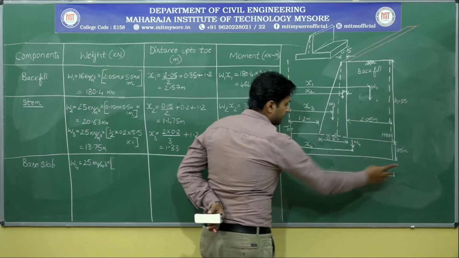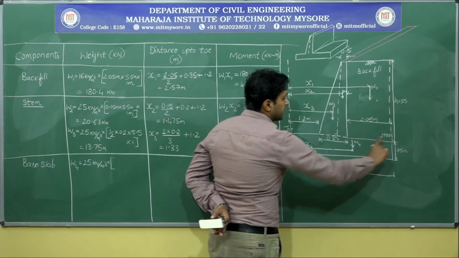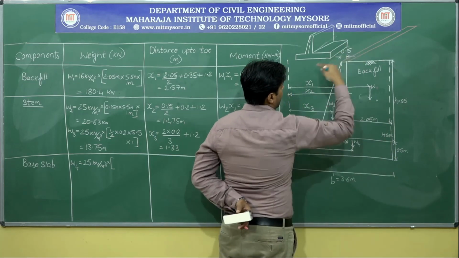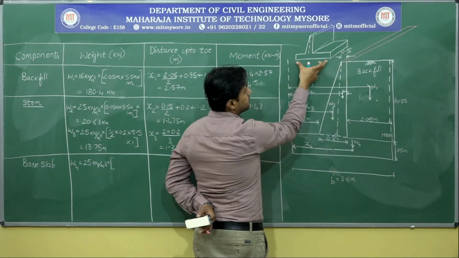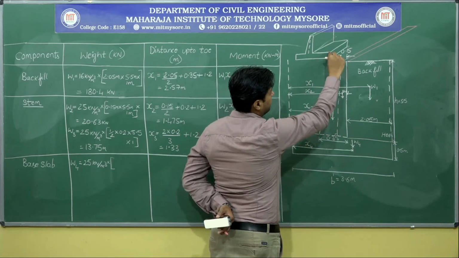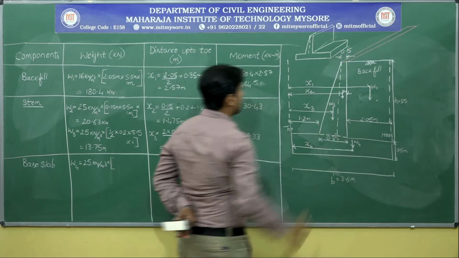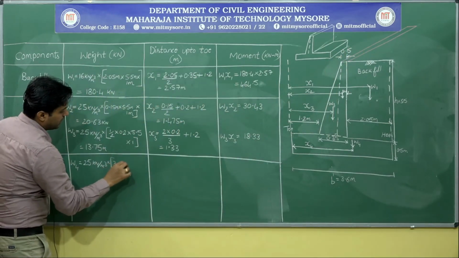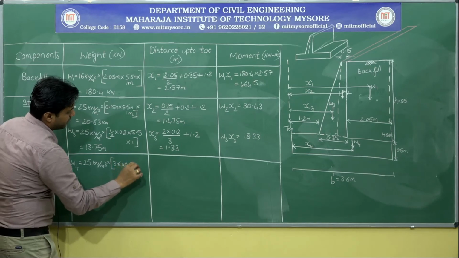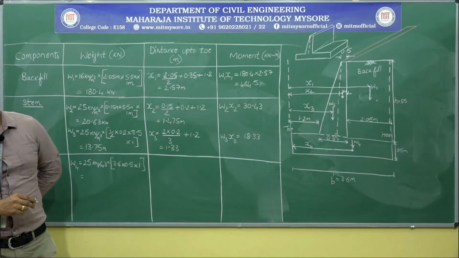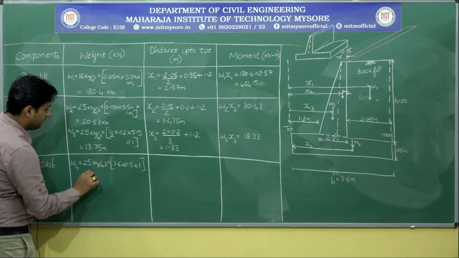So what is the breadth? 3.6. What is the depth? 0.5. So till what distance it has gone? Observe here. I think it's better to explain using this. So breadth into depth into till what distance? Per meter I will be taking. So breadth is 3.6 meter into depth is 0.5 meter into 1 meter. So what is the value that we will be getting? It's 45 kilonewton.